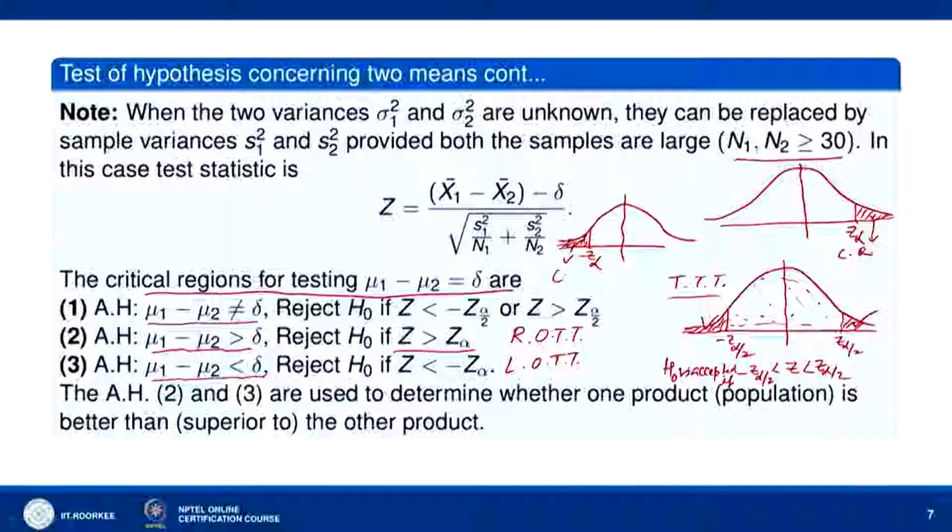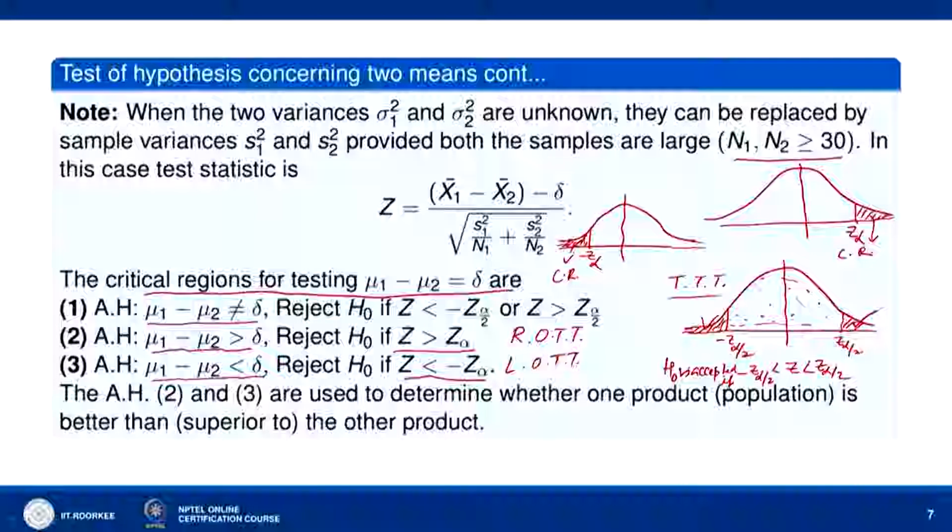When z is less than minus z alpha, we will reject the null hypothesis H naught. If z is greater than minus z alpha, then we will accept the null hypothesis and say that the results are not significant. If z is less than minus z alpha, then we say that the result is significant, and we have to accept the alternate hypothesis.